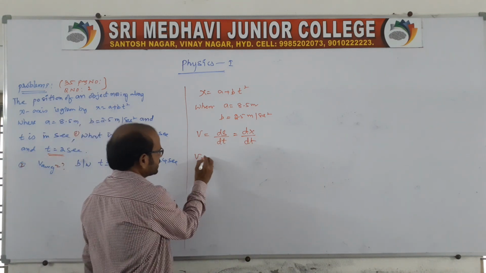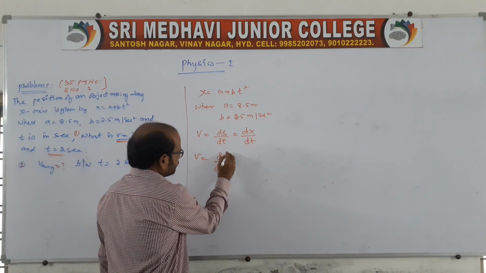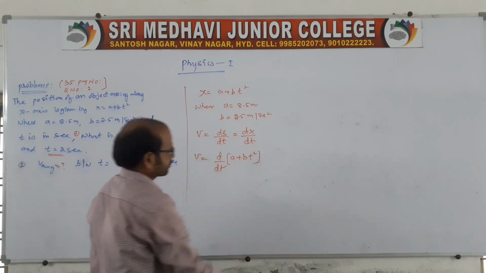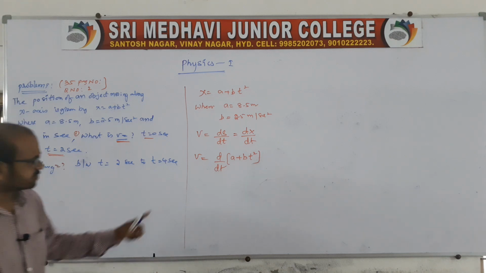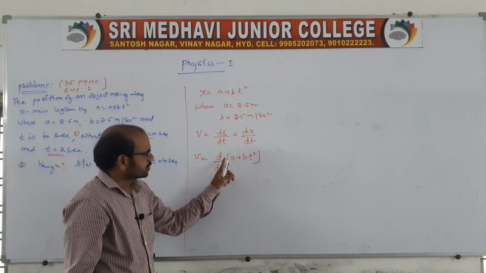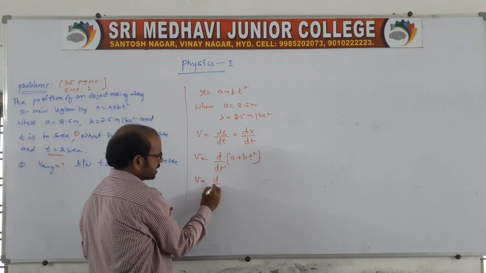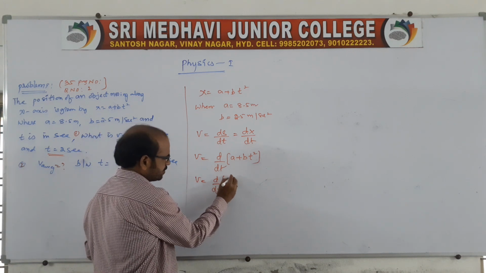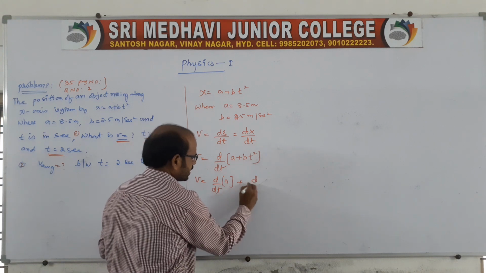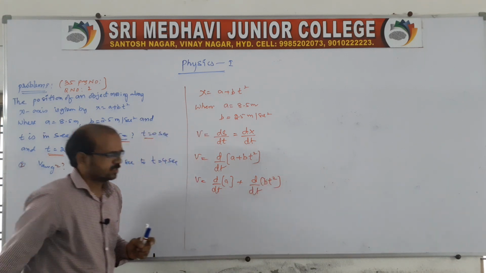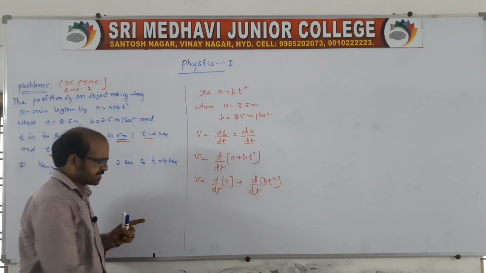Therefore, v is equal to d by dt of x, which is a plus bt square. Now we have to differentiate with respect to time. I am separating this as d by dt of a plus d by dt of bt square. This is the differentiation method.